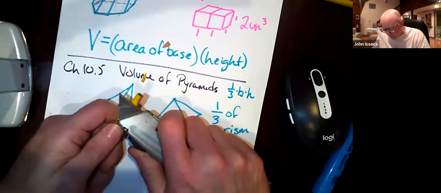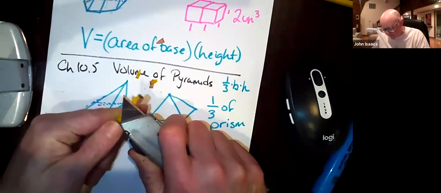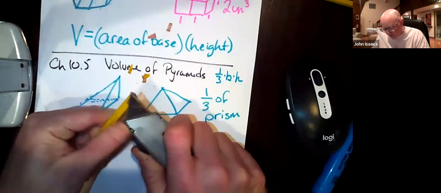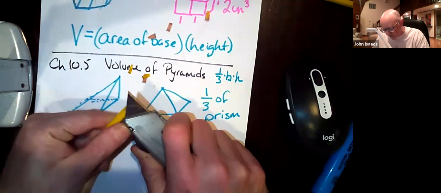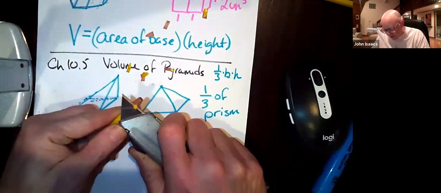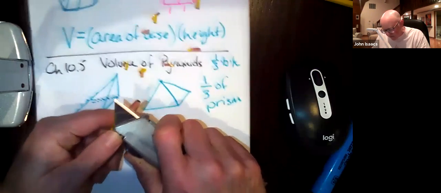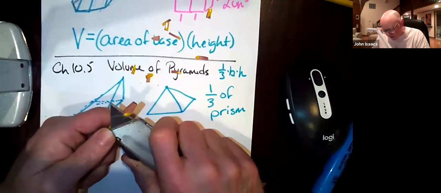We'll see if it winds up working that way or not. I don't know if this is going to be a good experiment. I guess I could use a pencil sharpener to do the same thing, but I think seeing the material get cut away may convince you that it's a third.